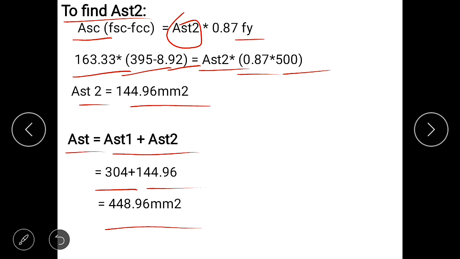After that, in the third example we design a doubly reinforced section. In this example we have to find Ast and Asc. So in this numerical we find Ast1, then Ast2, and then the total of Ast1 and Ast2, which is Ast.